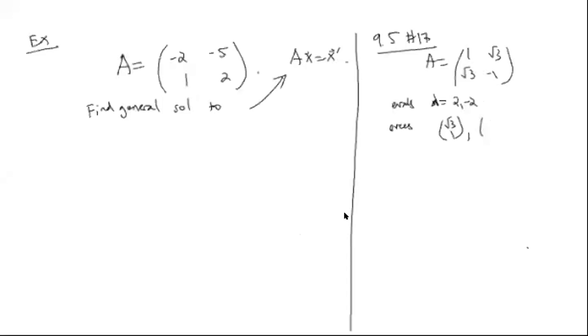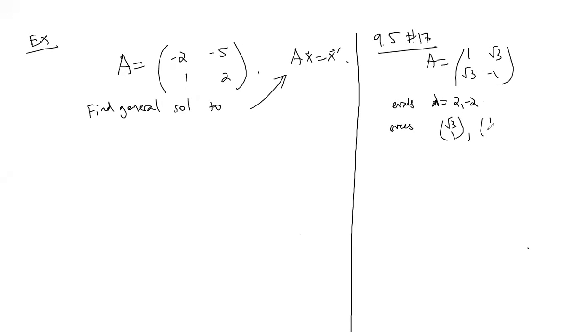And what was the other one? 1, negative root 3. Right. Okay. And you want initial condition x of 0 equals negative root 3, 1.